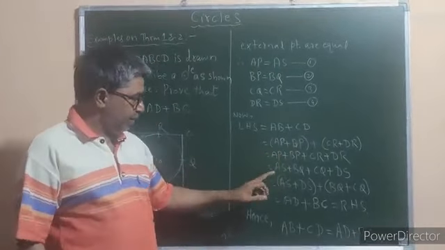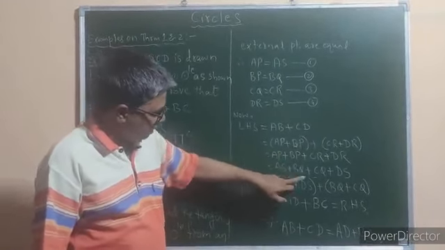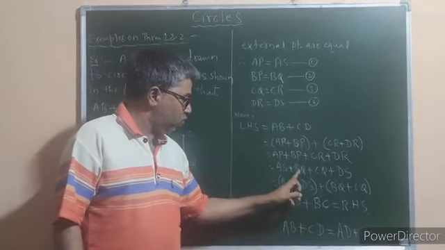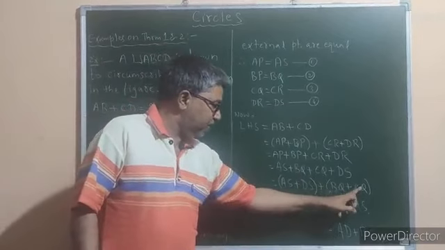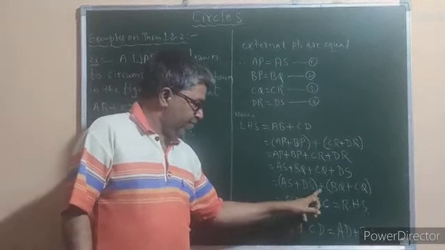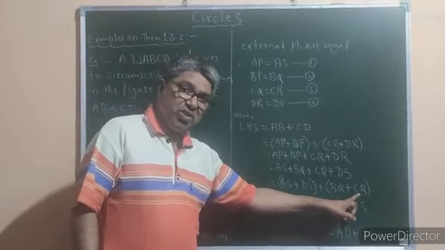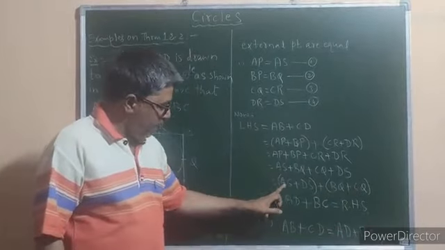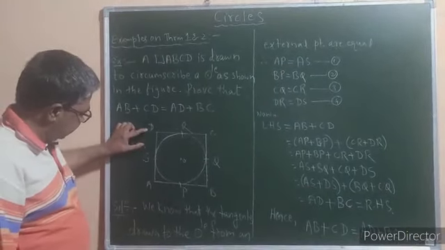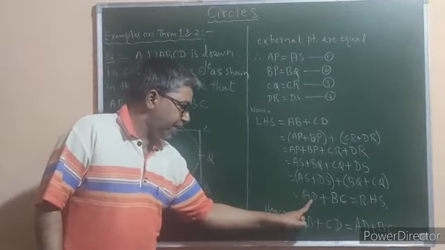Now arrange the terms. Write AS, and along with AS bring DS. So AS plus DS plus BQ plus CQ. Keep AS plus DS in bracket, plus again make use of a bracket for BQ plus CQ also. Now if you again look at the figure, AS plus DS is nothing but AD. Am I right? So replace AS plus DS by AD.